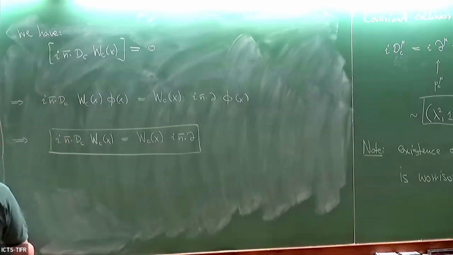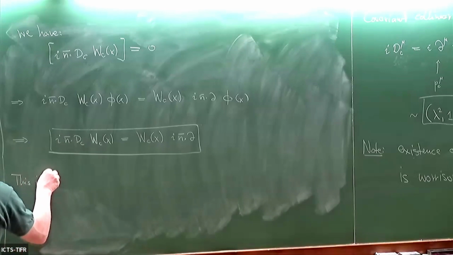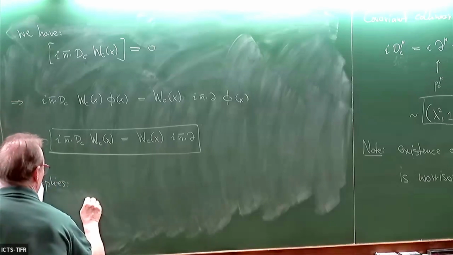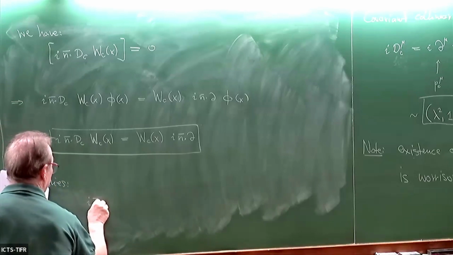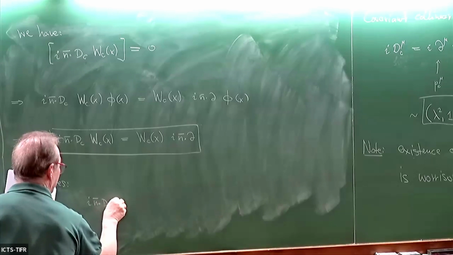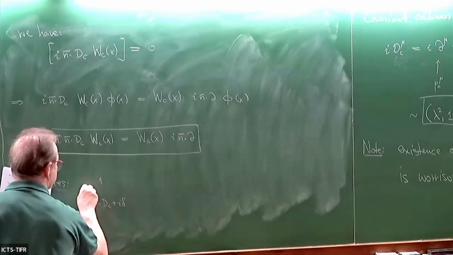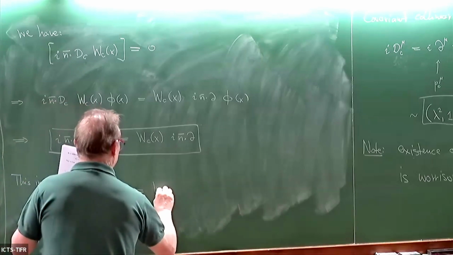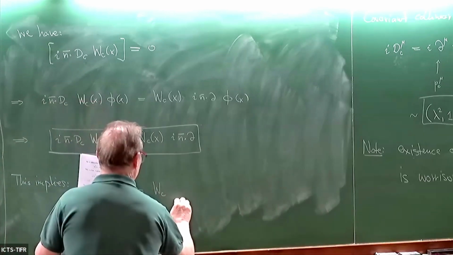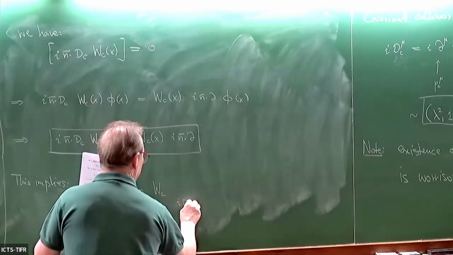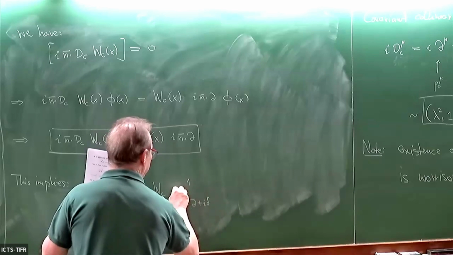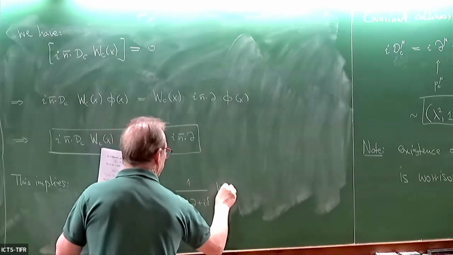And I claim that this implies that 1 over n bar dot D_C plus i delta is equal to W_C, 1 over n bar ordinary derivative plus i delta, times W_C dagger.